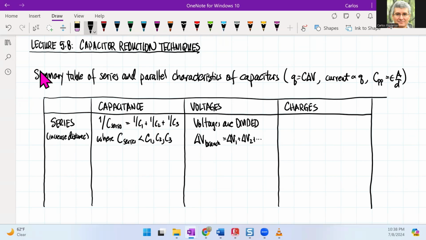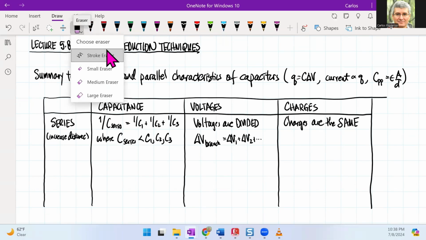So in series, we only have one loop, so therefore the current is the same. So if we have series capacitors, then their charges have to be the same. So the charges are the same.